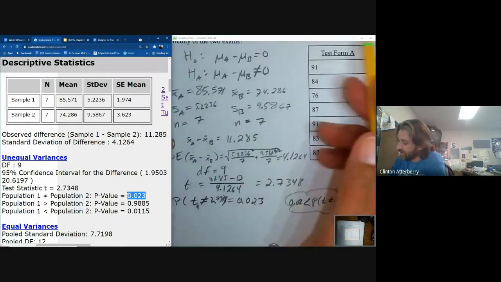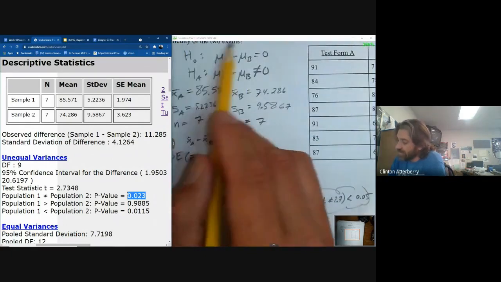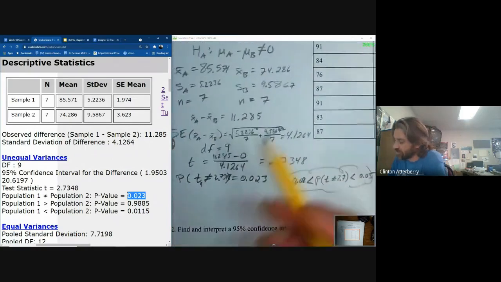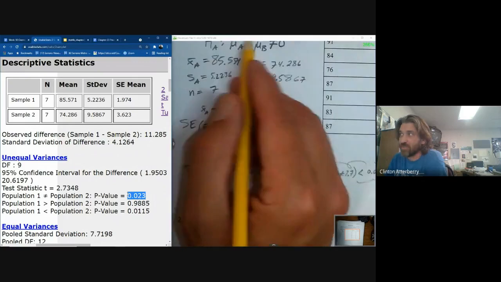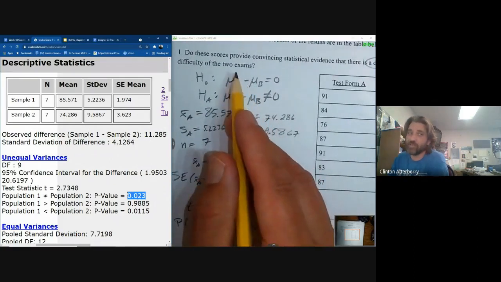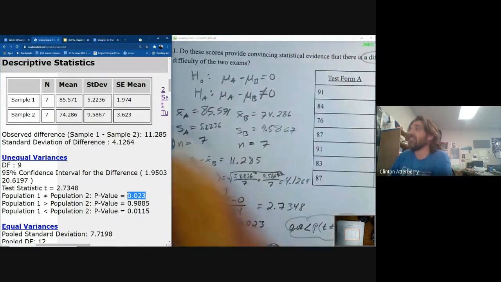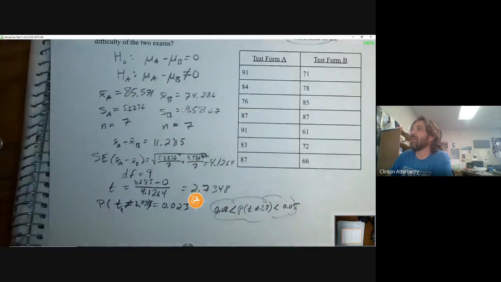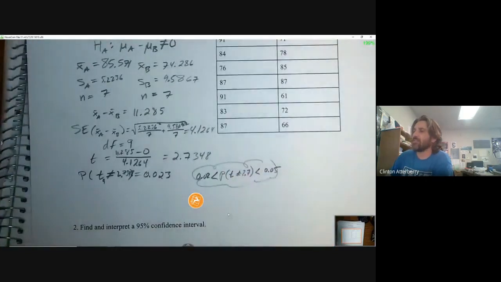So we have to answer the question, do these scores provide convincing statistical evidence? And we're going to say that we reject the null hypothesis that they're the same, which basically says that it looks like there's a difference. So we're going to go ahead and write out our hypothesis conclusion.